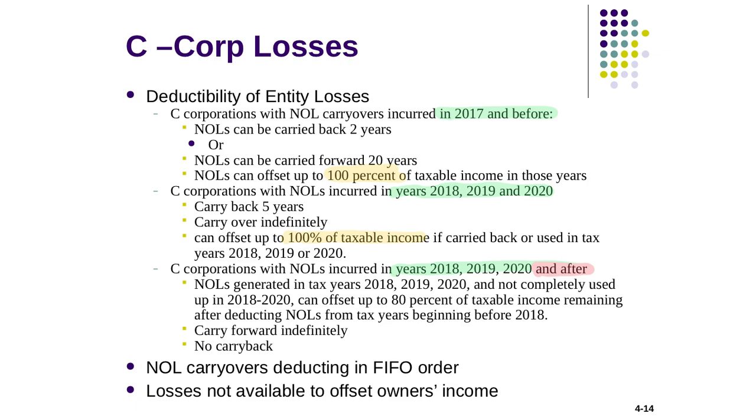So NOLs generated in tax years 2018, 2019, and 2020 that are not completely used in 2018 through 2020 can offset up to 80% of taxable income remaining after deducting the NOLs from tax years beginning before 2018.